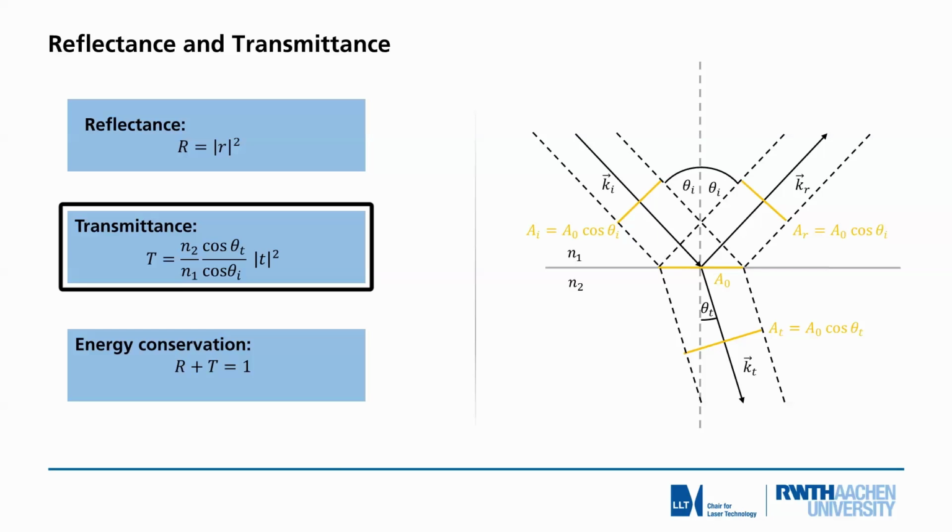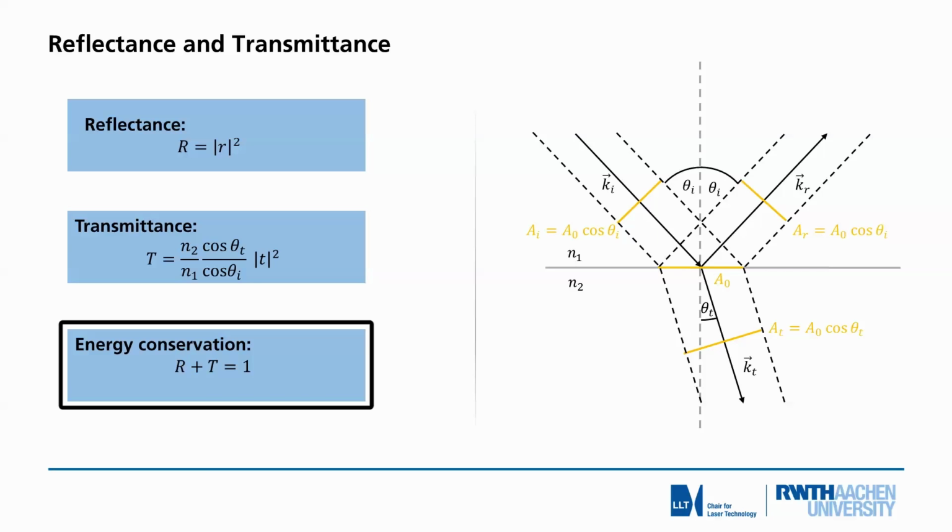Number one is the ratio of the indices of refraction and the angle of incidence. Of course, ultimately, energy conservation, if you have no absorption, reads that the reflectance plus the transmittance equals 1. So everything which is reflected and transmitted needs to be the same as the incoming beam.